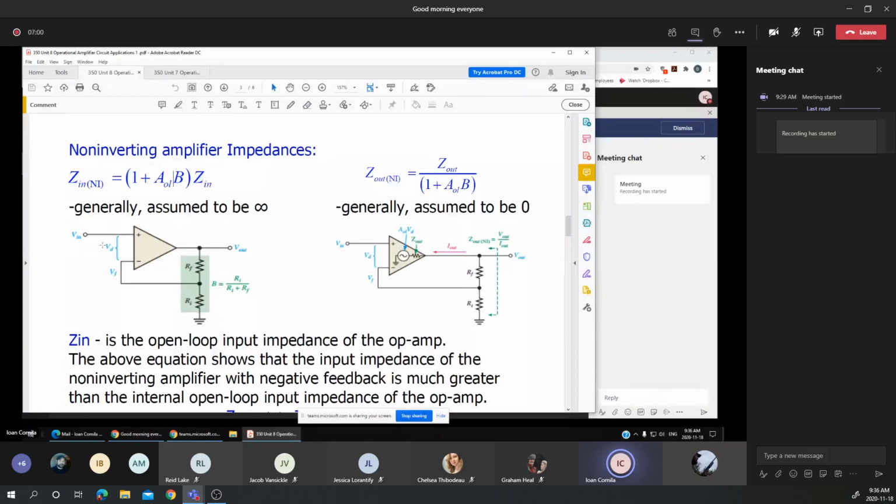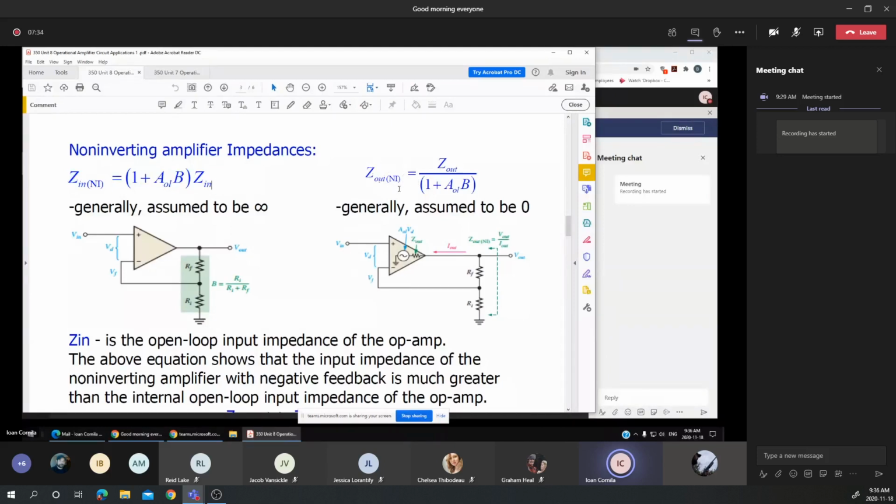The Vd, the differential input, or the V plus minus the V minus, will be amplified by the amplifier. You notice that the input impedance for the non-inverting amplifier is much greater than the input impedance of the open loop, or the impedance provided by the manufacturer.